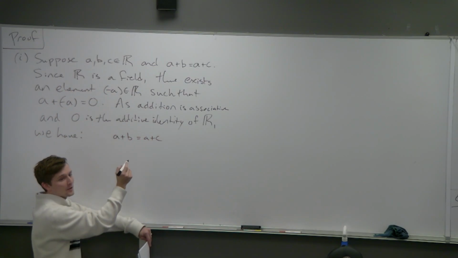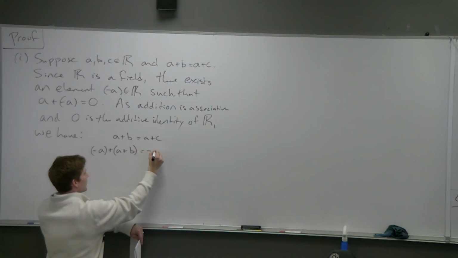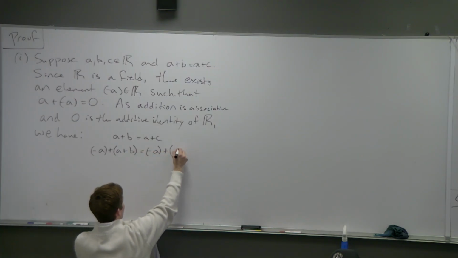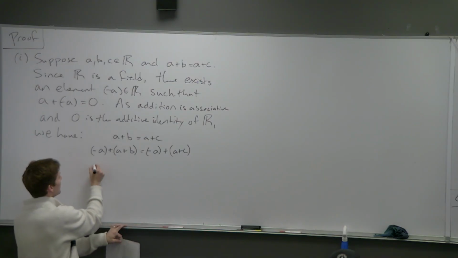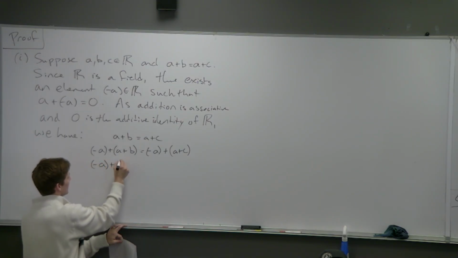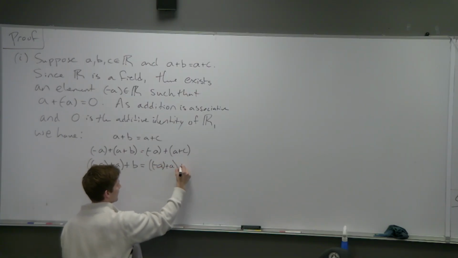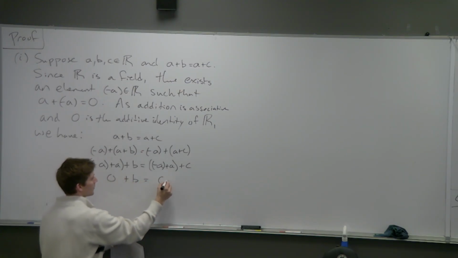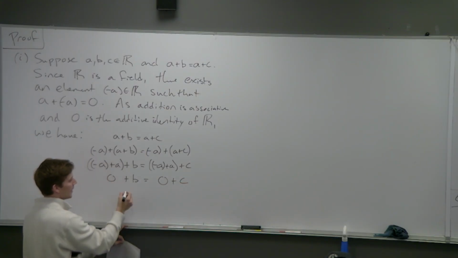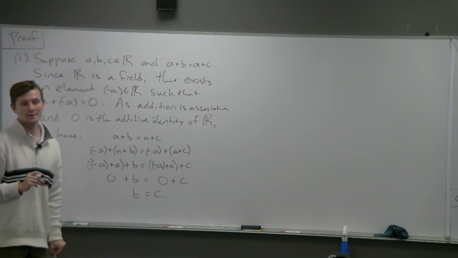Well, we start with A plus B equals A plus C. And what I'm going to do is I'm going to go minus A plus B equals minus A plus C. Okay, now I'll use associativity to regroup that addition, and I'll get 0 plus B equals 0 plus C. And then, since 0 is the additive identity, I have B equals C. How about that?